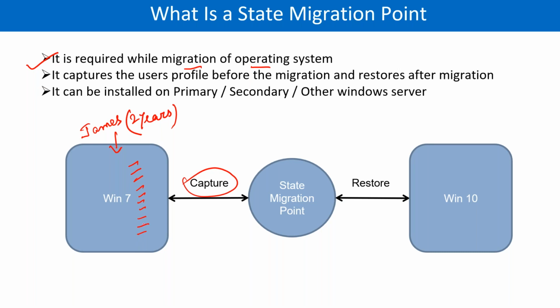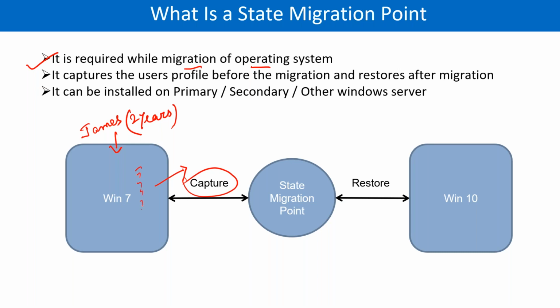Now we are going to format this machine and give a new machine to James, or we are formatting the same machine for some reason and putting either the same operating system or a different one. Before format, we will capture this data in a certain location, and then we will completely format this machine.